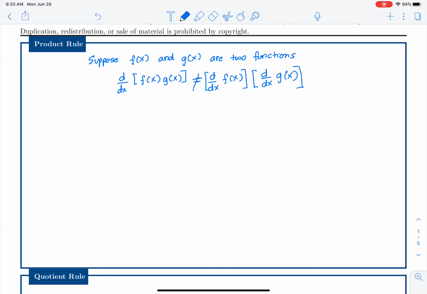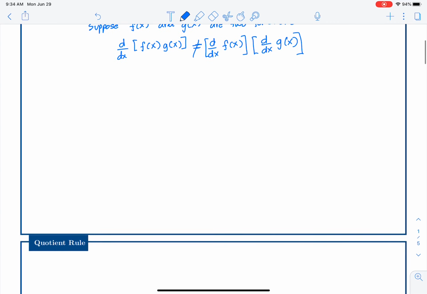We can't simply distribute the derivative like we would do with addition or subtraction. If functions are in addition or subtraction, then we could simply distribute the derivative and take the derivative of each function. But we can't do the same thing when we have a product. So we have a rule which is called the product rule.